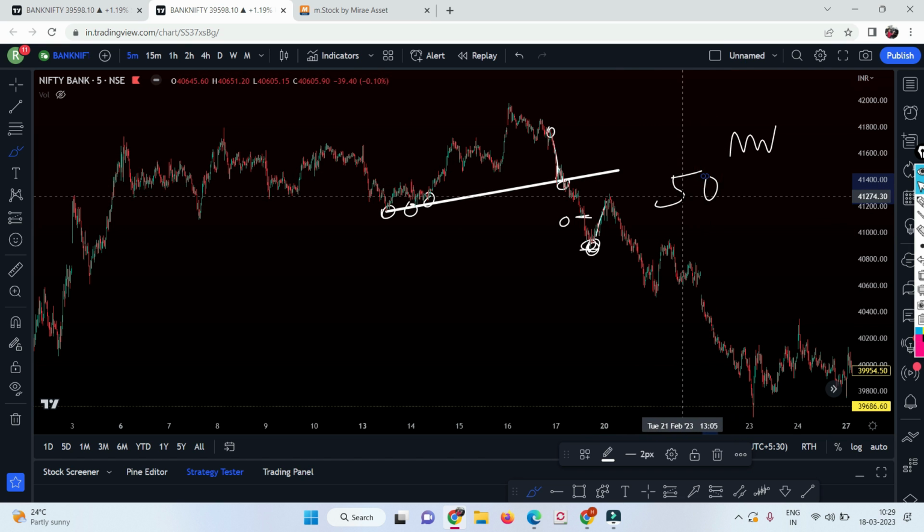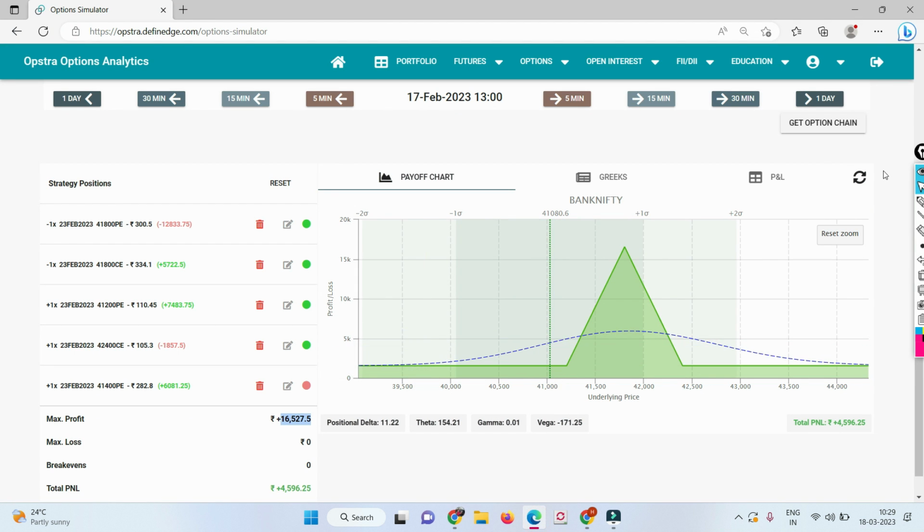And believe me guys, when the market is going up, let's say you bought a put here. If the market goes down, you will get good profit. Your profit will keep on increasing. Let's say the market came up. You bought the put here. The market goes down. Your naked put will give you profit.